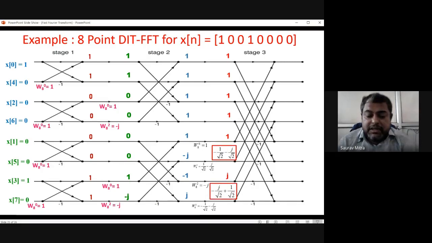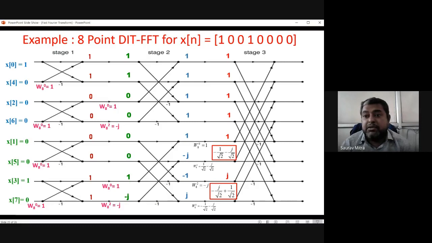So now this is the lineup for the stage 3 inputs, that is 1, 1, 1, 1, 1, and then -1 by root 2 minus j by root 2, j, and minus j by root 2 plus 1 by root 2. So these are the twiddle factors you have to remember. W80 is 1, W81 is 1 by root 2 minus j by root 2, W82 is same as W41, that is minus j, and W83 is -1 by root 2 minus j by root 2.